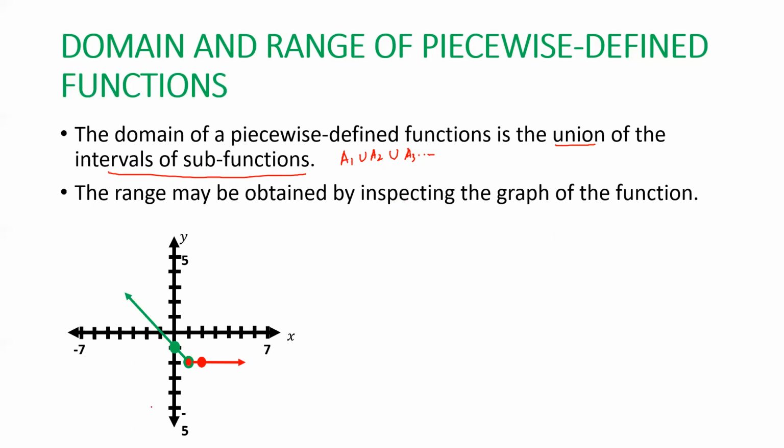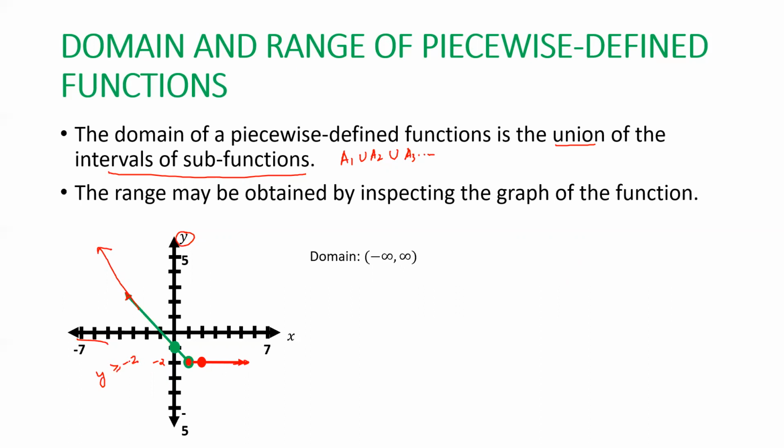For example, in this particular piecewise defined function, since the graph extends indefinitely going to the left side and going to the right side, its domain is the set of all real numbers. But for the range, the lowest y value of the graph is negative 2, and it extends upward, which means that y is greater than or equal to negative 2.